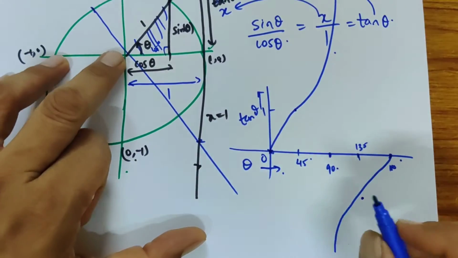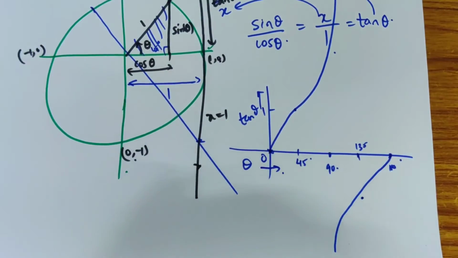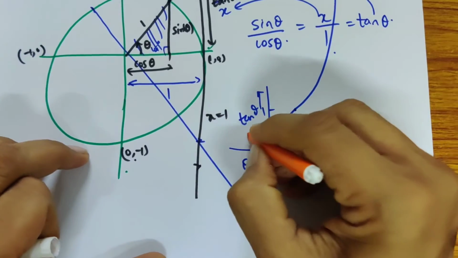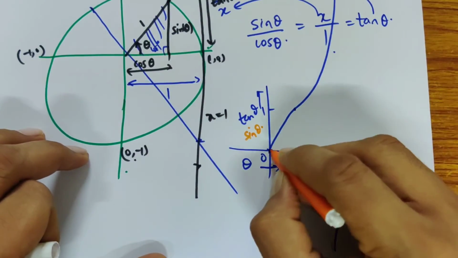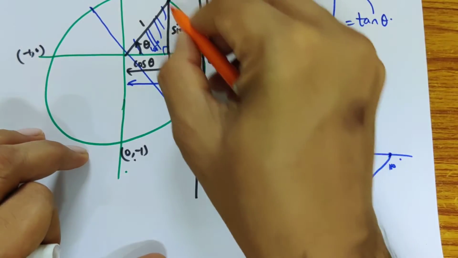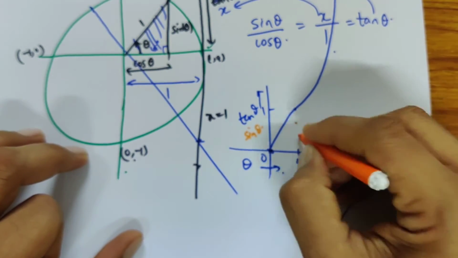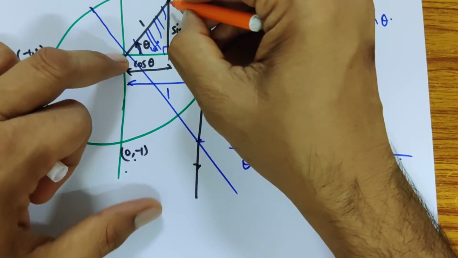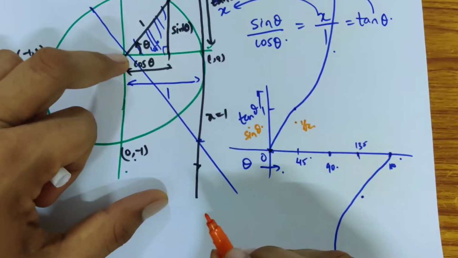If you looked at the sine theta curve, for example, it started from 0. So now I'm drawing sine theta. Okay, you started with 0, and then as you went to 45, you became 1 by root 2, so that's not there, it's here. This is smaller, right? It's smaller than 1.